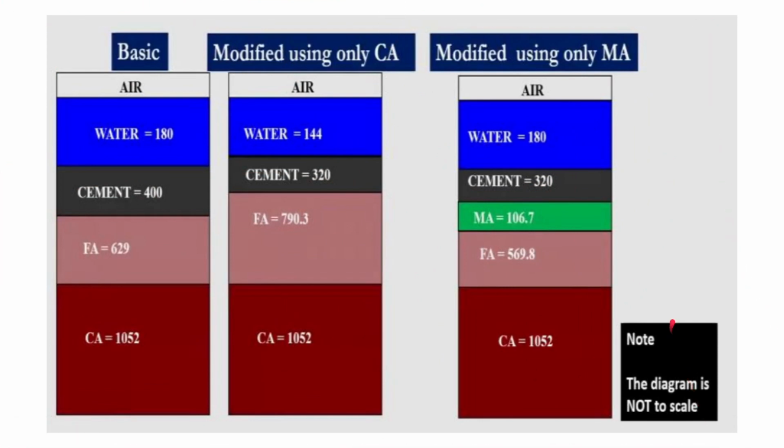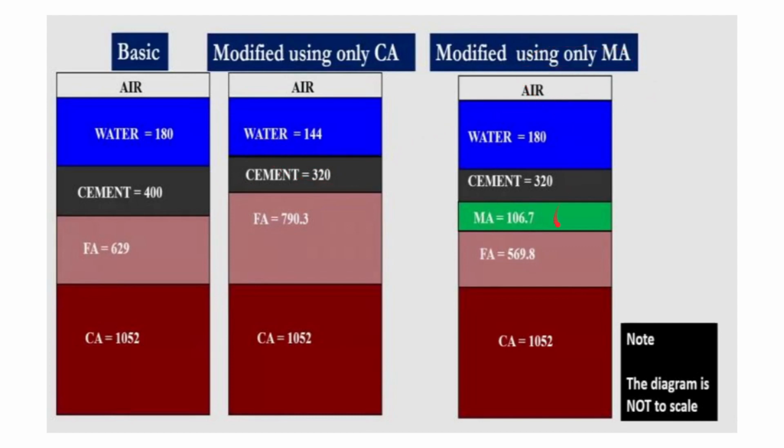In the basic case we could design, but the cement was exceeding 320. In the chemical admixture, we were able to bring the water down by using some suitable chemicals in solution, and because of that, the cement was also brought down to the required limit.